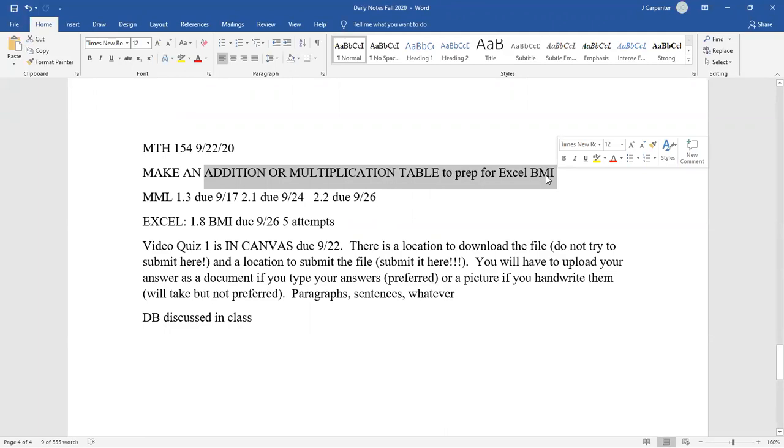That tells you when to put a $ in front of the letter so the column reference isn't moving, or a $ in front of the number so the row reference isn't moving. We said this is generally an issue when you're creating a table of entries, such as an addition table, a multiplication table, or a BMI table, where we have all those rows and columns.